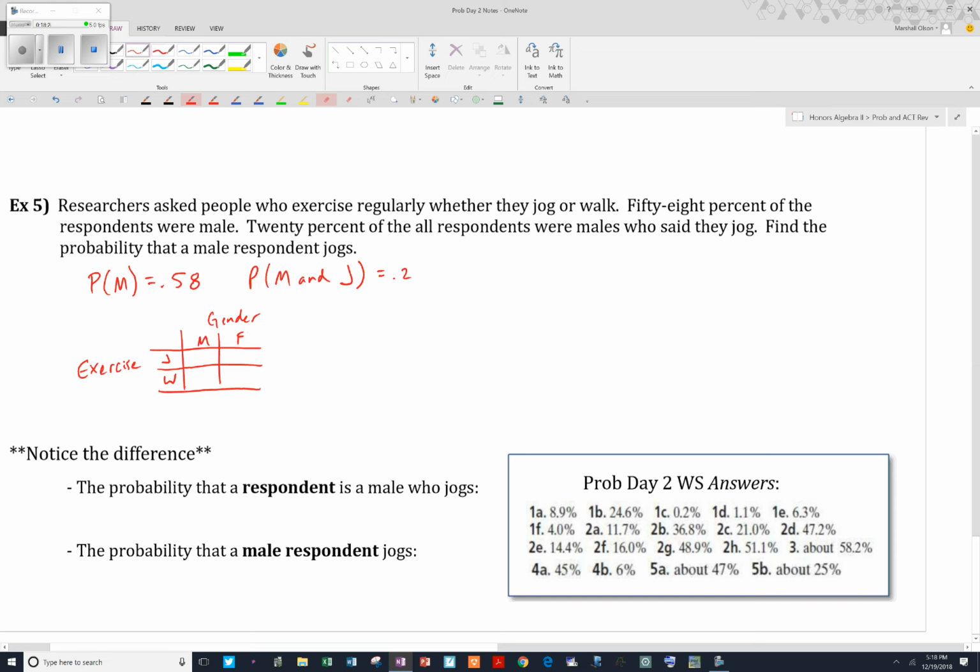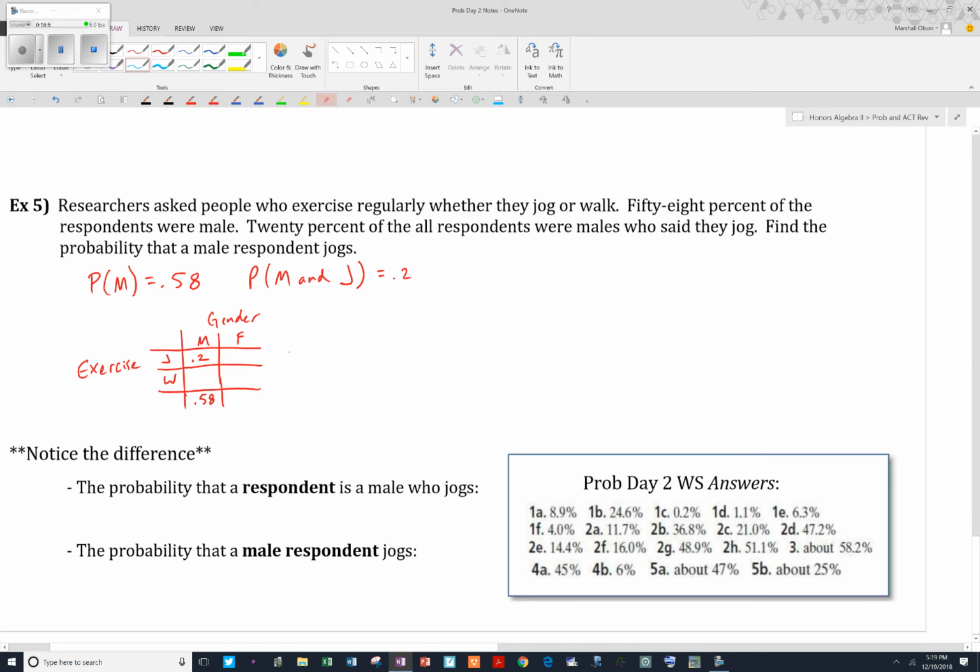So here's what we know. I'm going to put everything that we know here in red. Overall, male is 58%. 20% of all the respondents are both male and joggers. So what we can do now is find the missing pieces here.